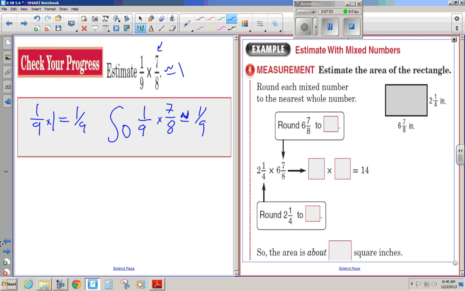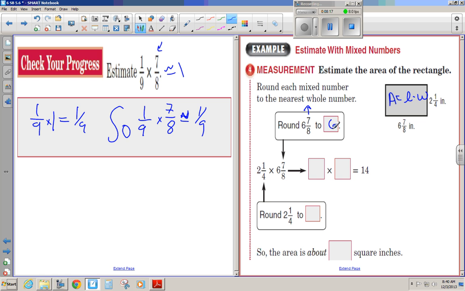All right. So let's do it with mixed numbers. Estimate the area of a rectangle. You need to remember that the area of a rectangle is length times width. So we're going to round each number to the nearest whole. All right. Well, 6 and 7/8. 7/8 should round up.